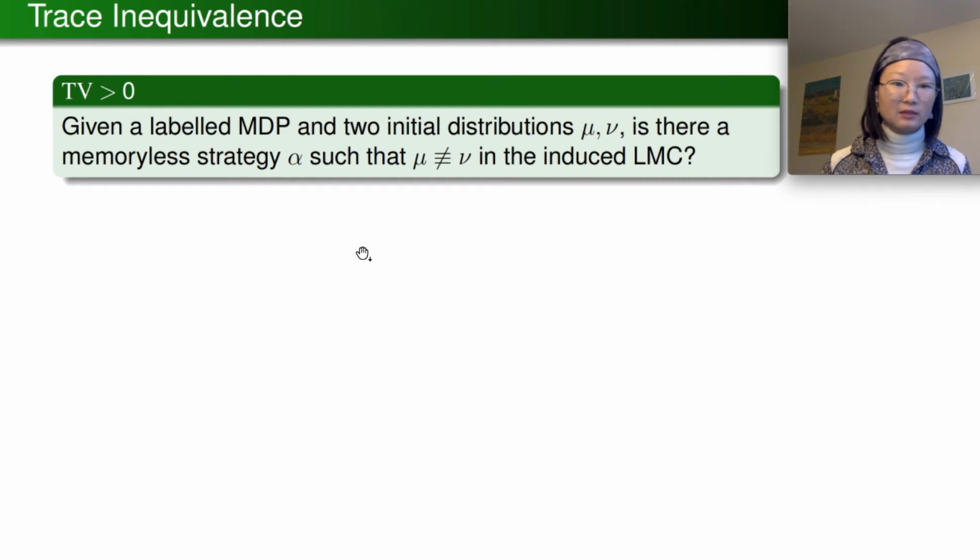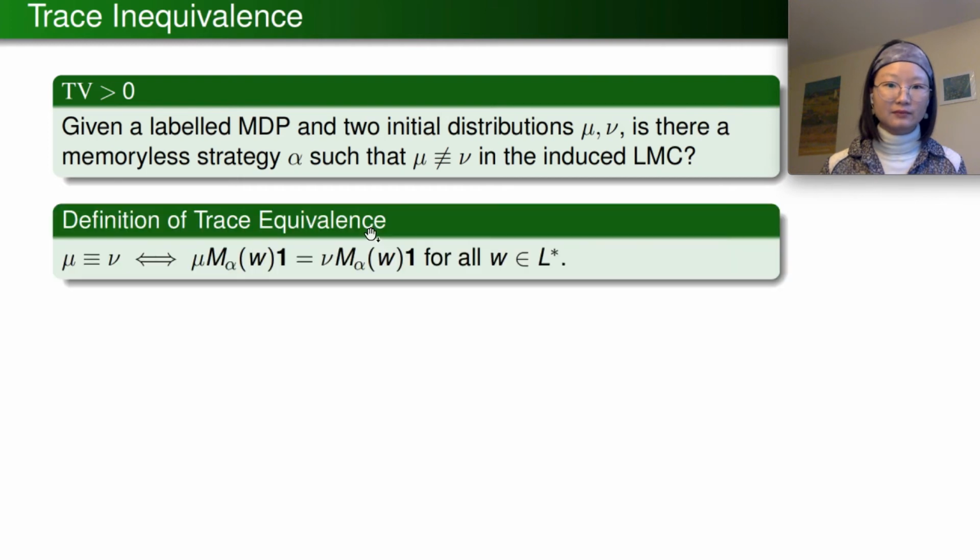Given a labeled MDP and two initial distributions mu and nu, the trace inequivalence problem, or TV greater than 0, asks whether there's a memoryless strategy alpha such that mu and nu are trace inequivalent in the induced LMC. Let's recall the definition of trace equivalence. The probabilities assigned to the infinite sequences with prefix W would be the same for mu and nu.